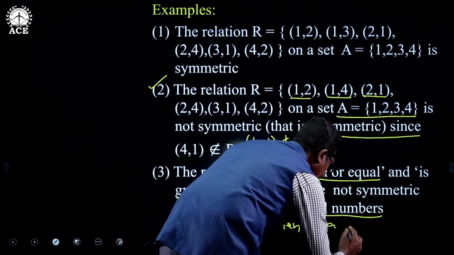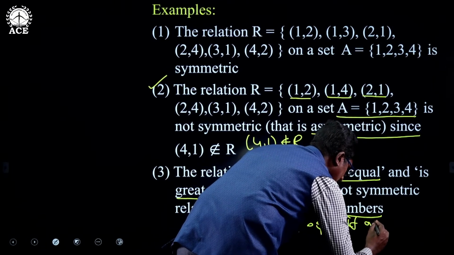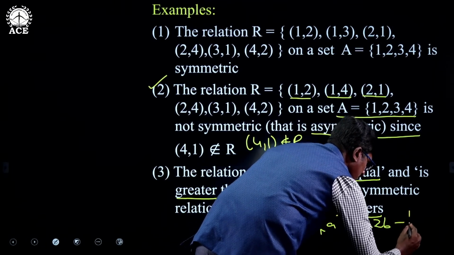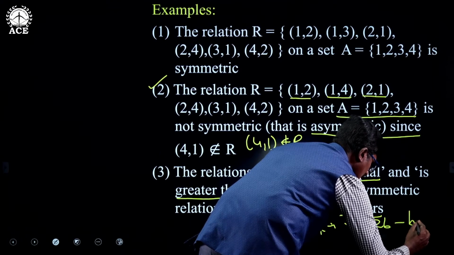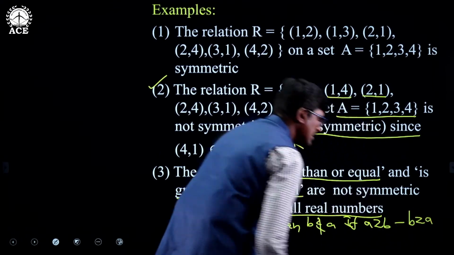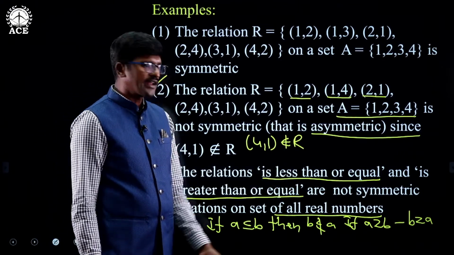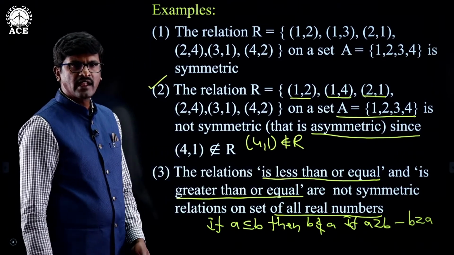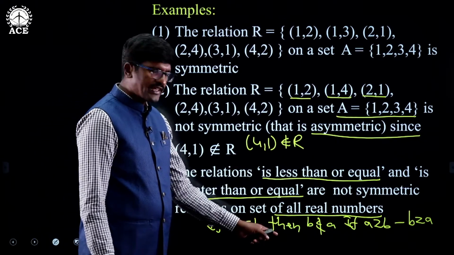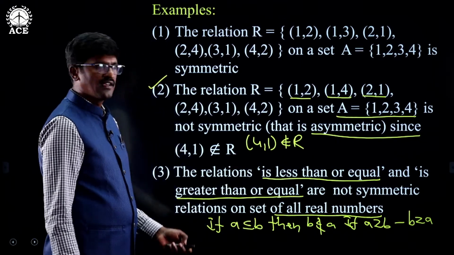Similarly, if a is greater than or equal to b, then b will not in general be greater than or equal to a. So the relations is less than or equal to and is greater than or equal to on the set of all real numbers are not symmetric relations.